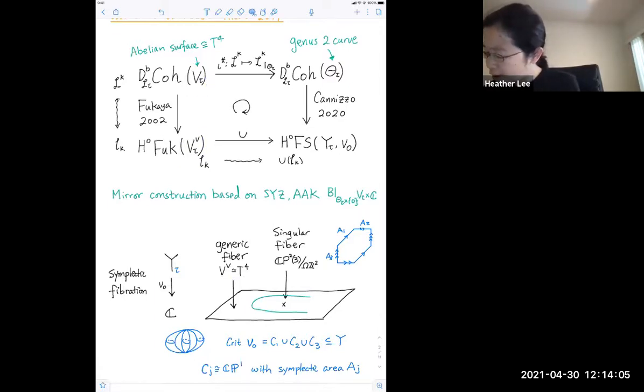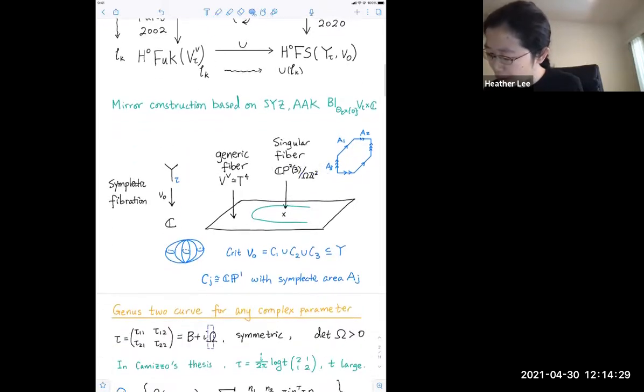There's a singular fiber above 0, and the singular fiber looks like this. I'm drawing a moment polytope for CP2 blown up at 3 points. And then there's a group action on it, and this group action on the mirror depends on the imaginary part of the complex parameter omega.